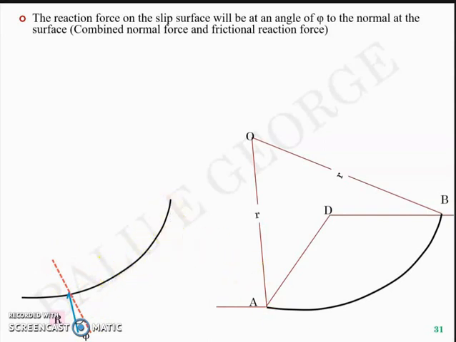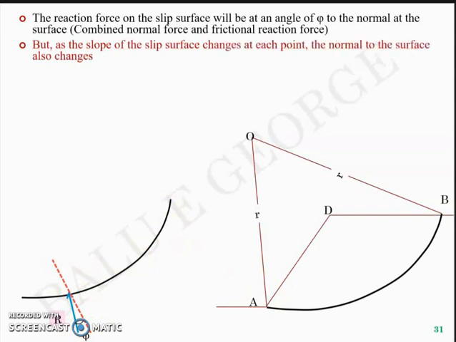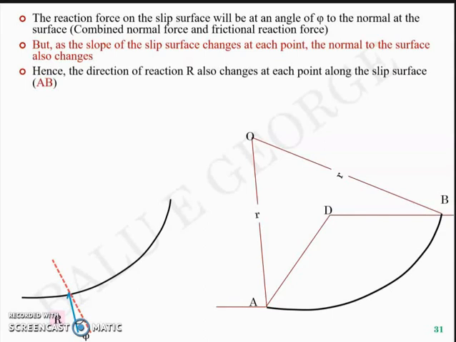So fundamentally, as the slope of the slip surface changes at each point, the normal to the surface also changes. Hence we can say that the direction of reaction R also changes at each point along the slip surface AB. At this point you will have reaction R in this direction, at this point you will have a reaction in this direction.